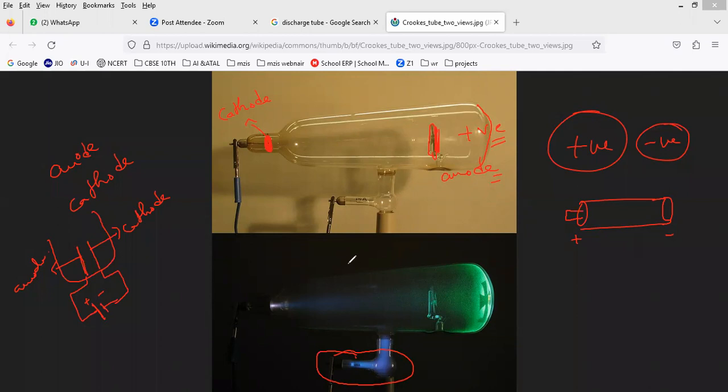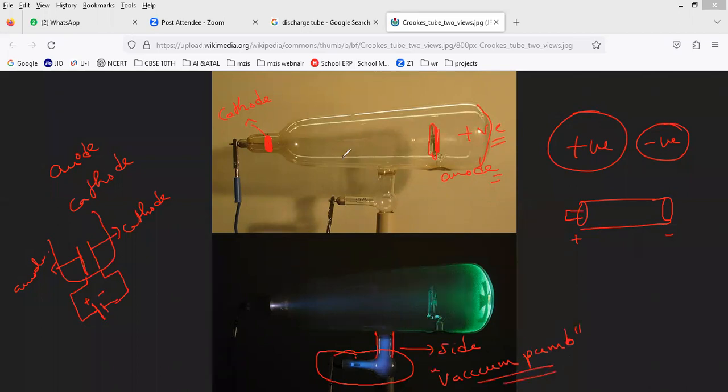You know that we have a vacuum pump in our home. Please respond. This pipe we call the side pipe, which is connected with the vacuum pump. So these are the parts of the discharge tube.